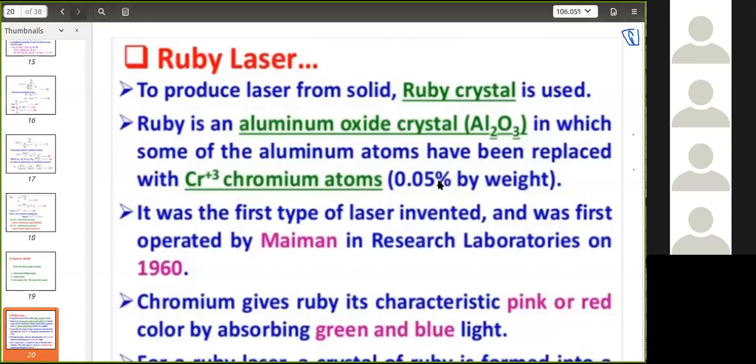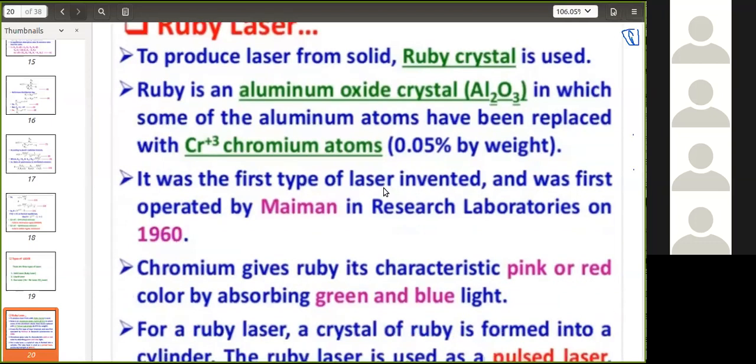They are gemstones basically. So the color is red, and the red color comes because of the chromium atoms. तो chromium atoms में एक लेवल से दूसरे लेवल पे इलेक्ट्रॉन जंप करता है, एंड द लाइट जो एमिट होता है वो रूबी लेजर का लाइट है.